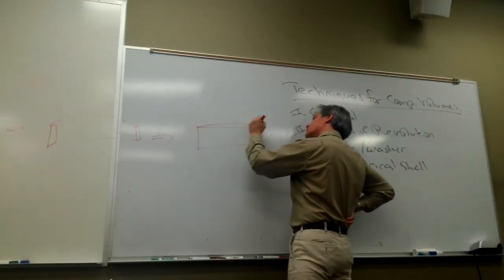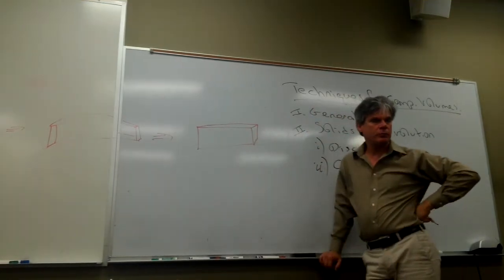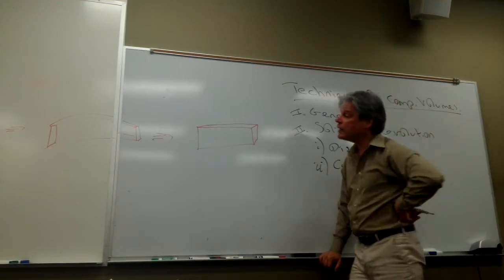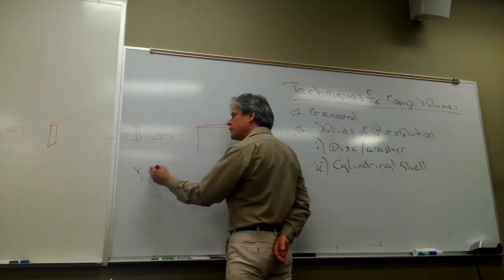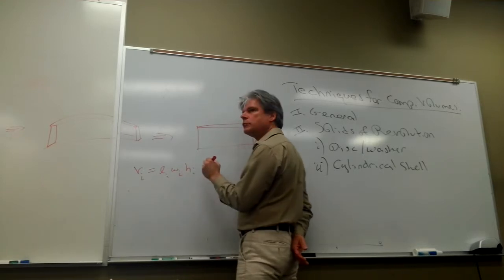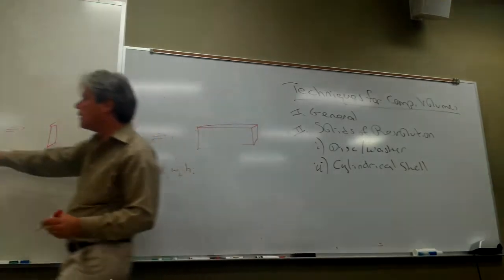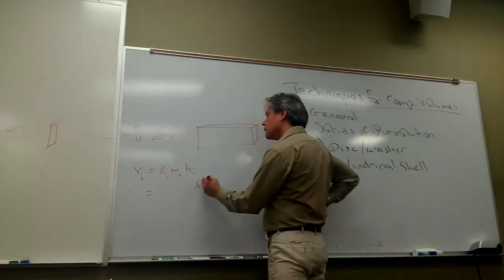Use high school geometry language. What kind of geometric figure is that in free space? A rectangle. Actually, a rectangular solid. And the way we compute the volume of a rectangular solid is we merely look at its length and its width and its height. In this case, its height would be f of x sub i.